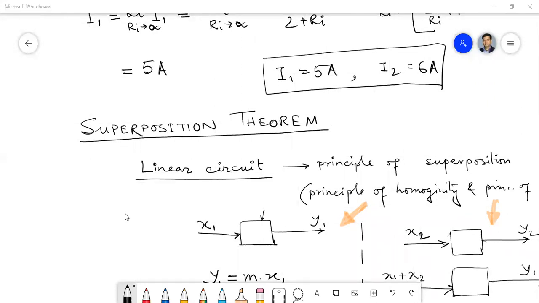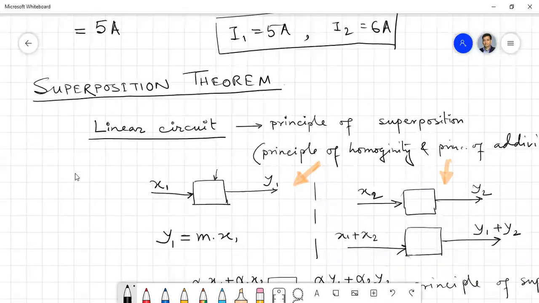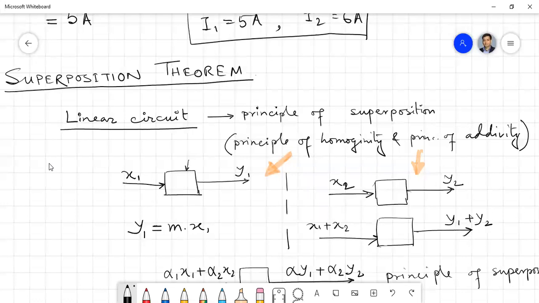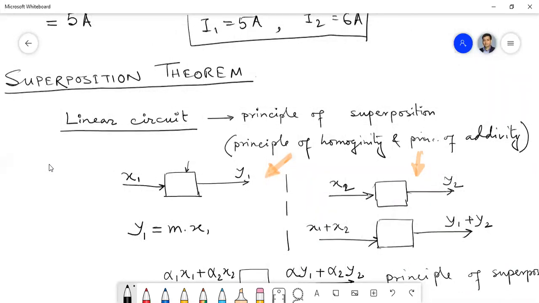And then we started the superposition theorem, and we discussed the principle of superposition first, because the principle of superposition basically guides the superposition theorem.